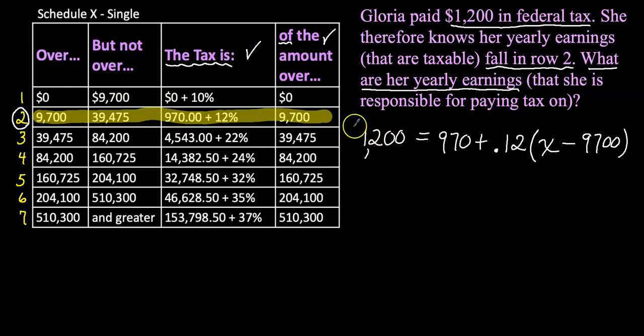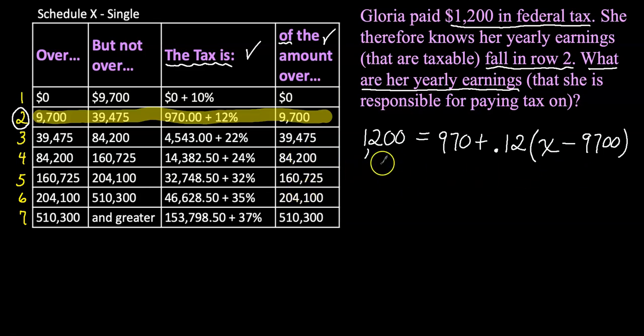The tax is $1,200, equals $970 plus 0.12 times the amount over $9,700. So I took her taxable earnings, which I don't know, minus $9,700. That's the hard part of this problem. Once you get this set up, you just need to solve for X and you will be finished.